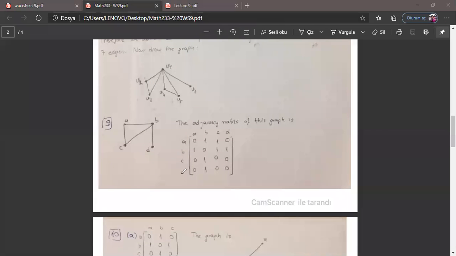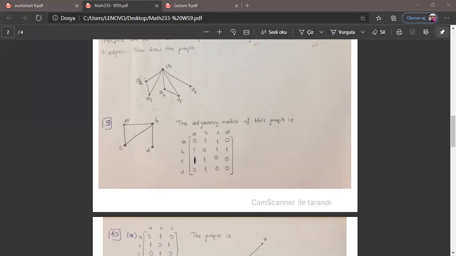Between A and C, we have again an edge, so we write 1. And between A and D, we don't have any edge, right? So we write 0. And what about A and B? Again, we said we have one edge and there is no loop, so we have 0 there.